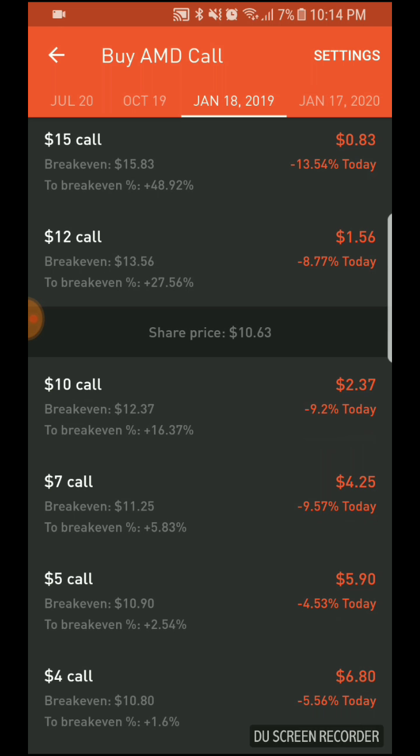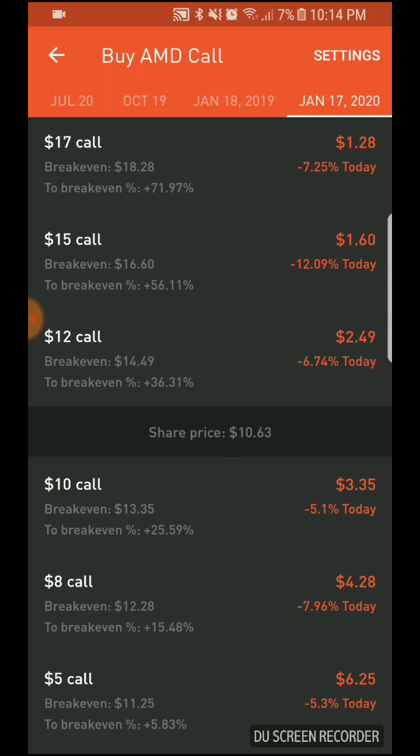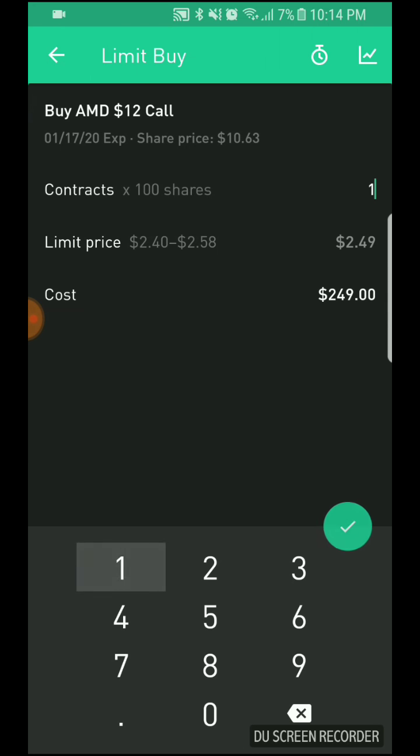If you go to January 17, 2020, it'll be $249 at a strike price of $12. And if you click on 1, you'll see that you are paying $249 for 100 shares. Again, if you buy 100 shares of AMD, that's $1,063, which is roughly 5 times what you pay here for options.